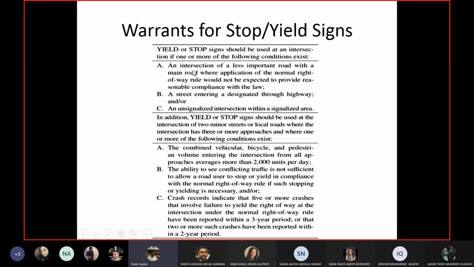So the first condition is an intersection of a less important road with a main road, where simple right of way will not be expected to provide reasonable compliance with the law. Okay, so like I mentioned yesterday, if you are using unsigned and unsignalized intersections, then you are expecting that the driver would follow the right of way rules. Yeah, you know, the right before left and so on and so forth.